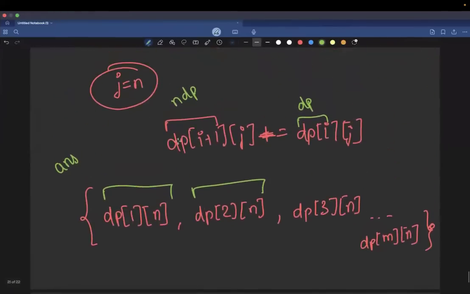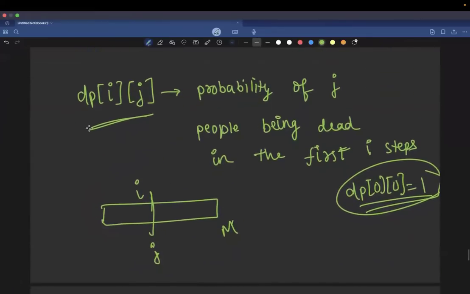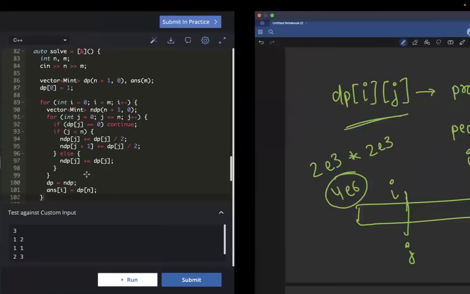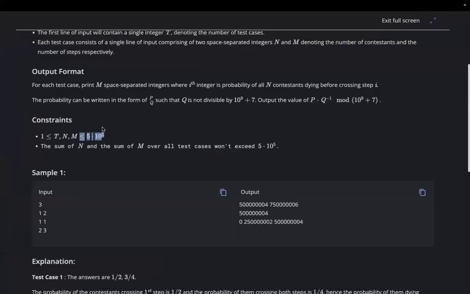So even our DP state, like this one, which had 2e3 into 2e3 states, that is 4e6, passed. But now we are having the constraints to be a bit tight.